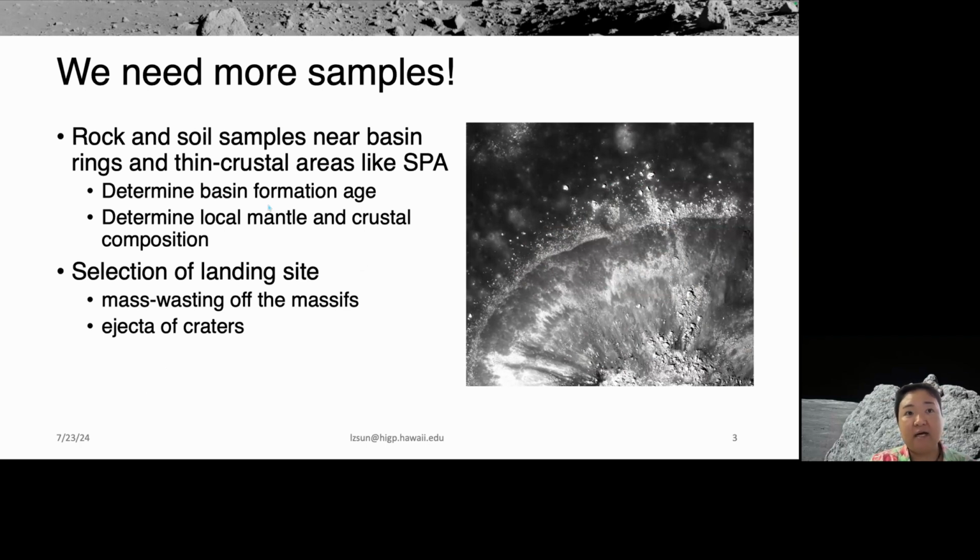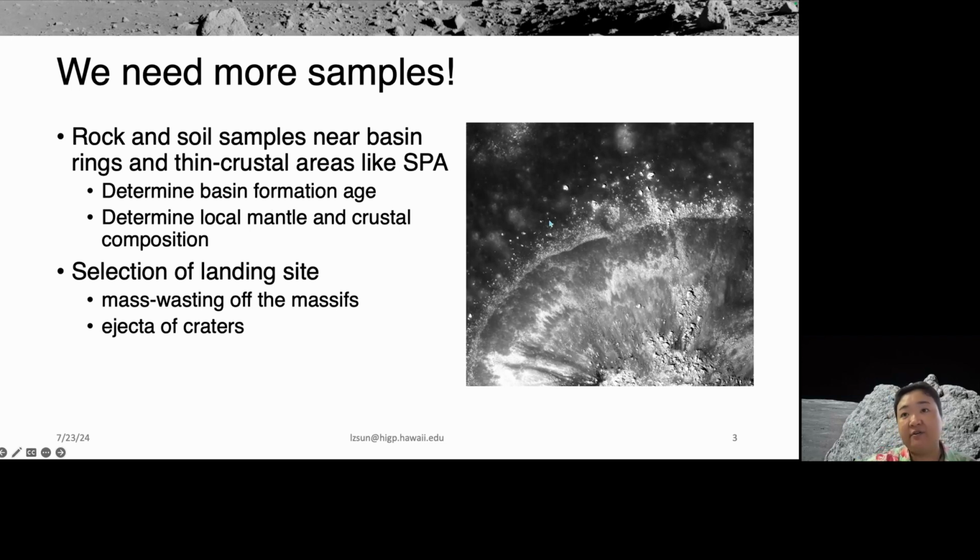Those would be great for helping us understand more about mantle composition and deep crustal composition. Although these basin rings and central peaks are high hills and massifs, which are hard to reach, what we can do is take some of the mass wasting of the massifs.